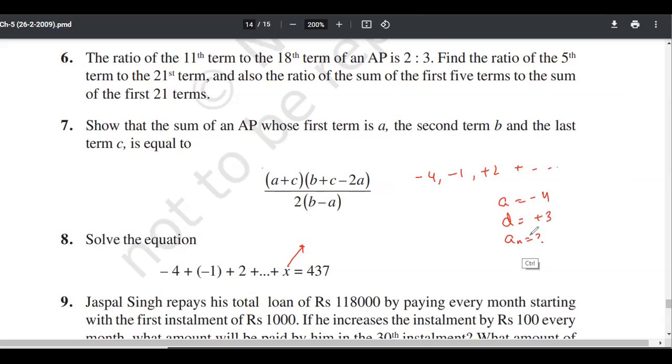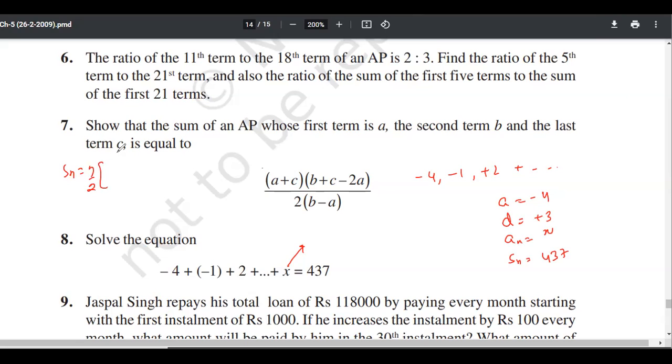The nth term is given to you, that is x. And Sn is given to you, that is 437. So first you calculate the value of n.